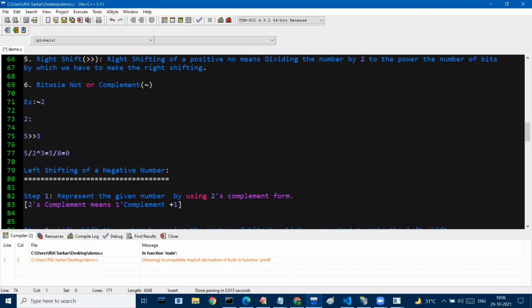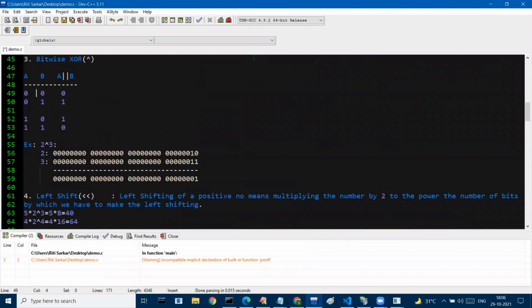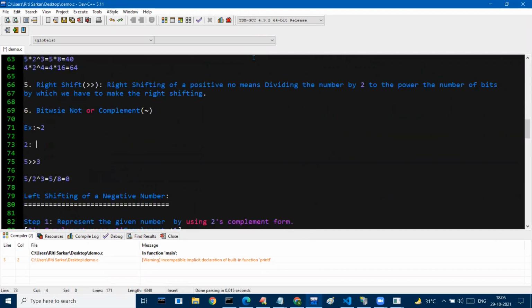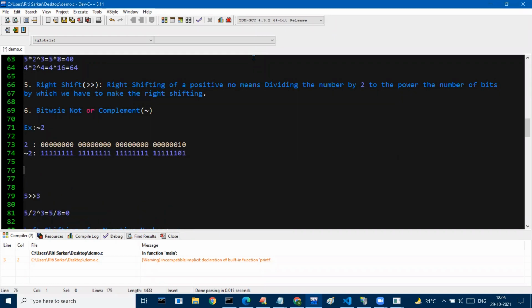First, what is 2? Sir, 2 means this. What about the complement of 2? All are complemented, 0 will be 1, 1 will be 0, and so on. Now, do you think this is the answer?